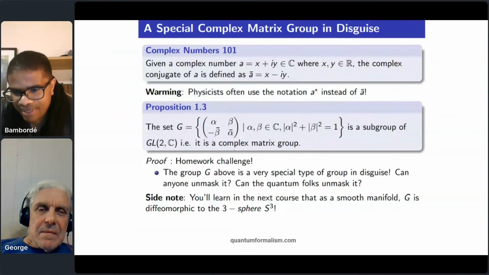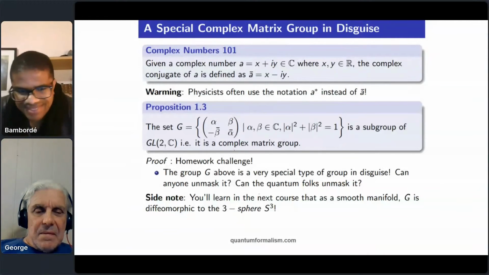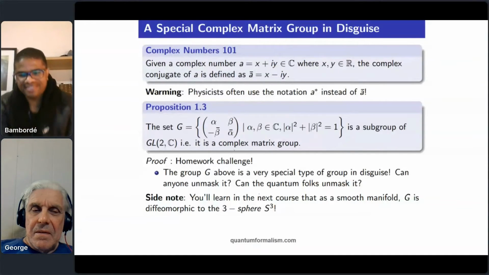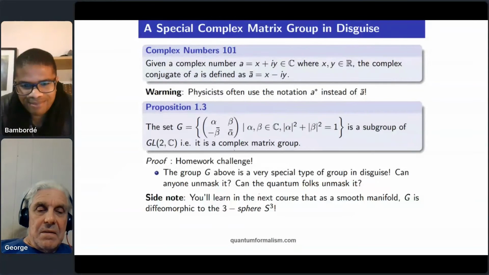Okay, Amir is saying Hermitian unitary. Okay, Dimitri saying Mobius transformation. Okay, there are all sorts of clues there. Let's see.